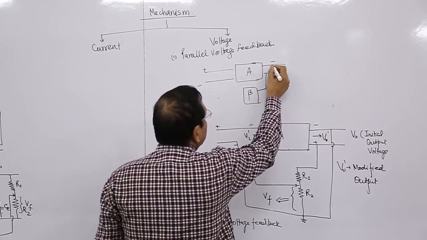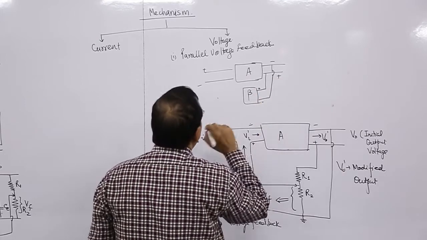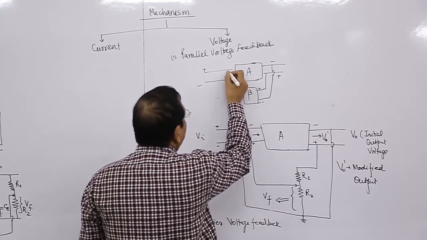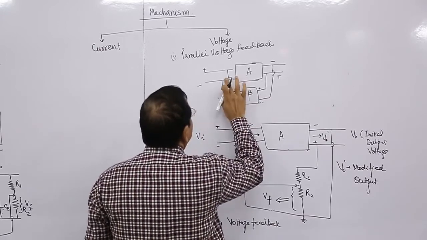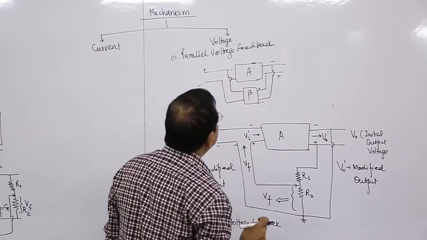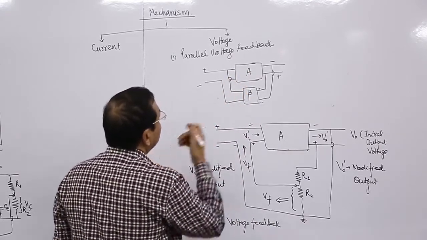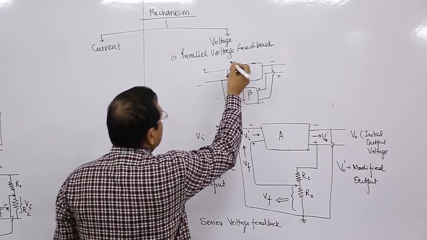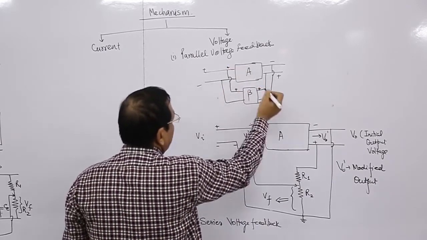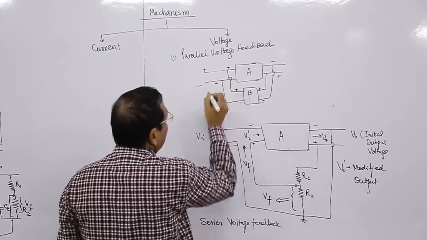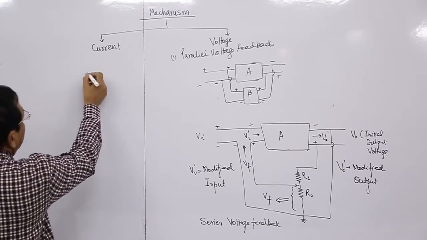This is the beta network, this is the positive point, this is the negative point. And for the parallel, we have to connect like this. So the positive terminal is connected to the positive terminal here, and the negative terminal is connected to the negative terminal.